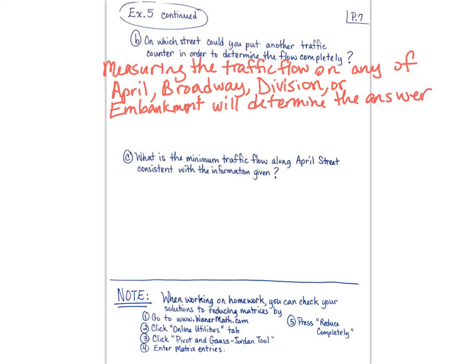Okay? And then in part C, it says, what is the minimum traffic flow along April Street consistent with the information given?